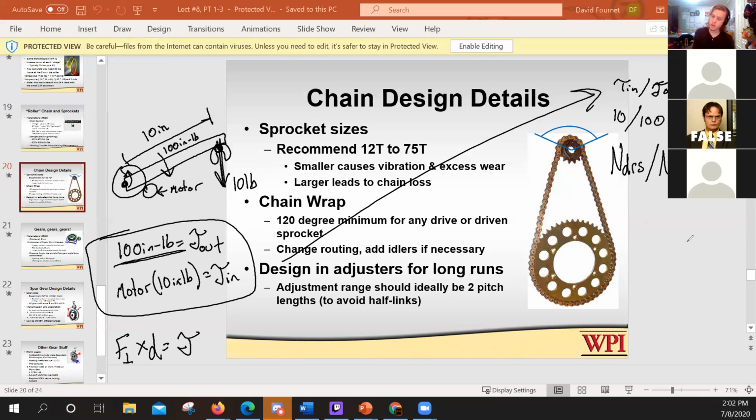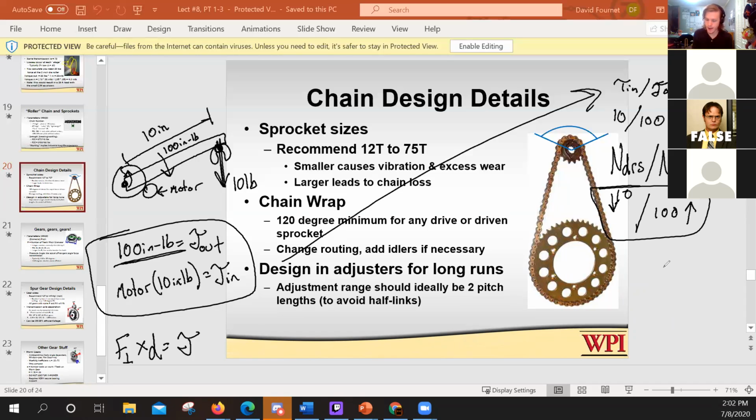So maybe you won't be able to get exactly 100 inch-pounds, but you might be able to get over 100 inch-pounds, right? So basically, if you had any number less than 10 and any number greater than 100, that combo would work for the torque that you need. It would just be slower.